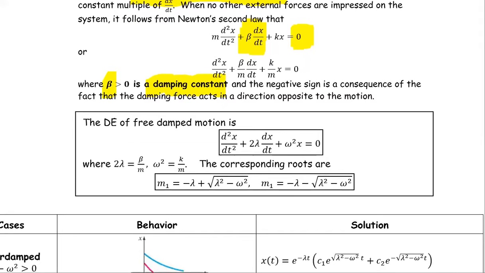With this form, you can rearrange it to see the general pattern as you look for the characteristic equation. Oh no, it's called the auxiliary equation, and the m's are the solutions of that auxiliary equation. I would not focus more on the lambda case for the free damped motion.